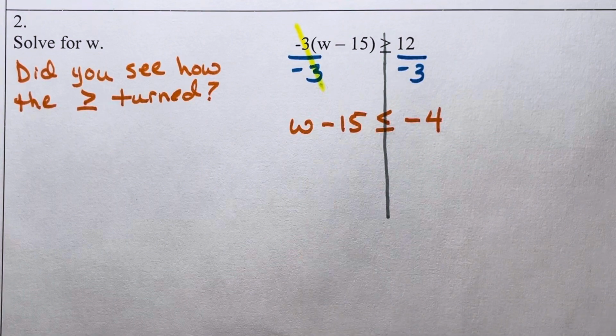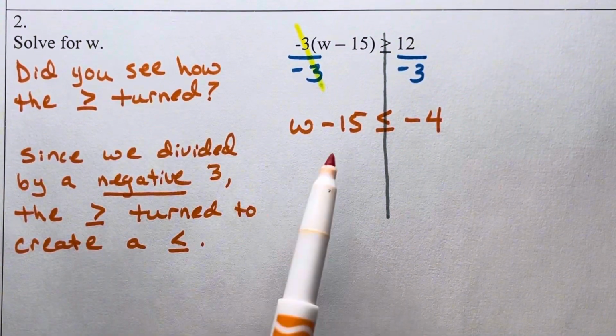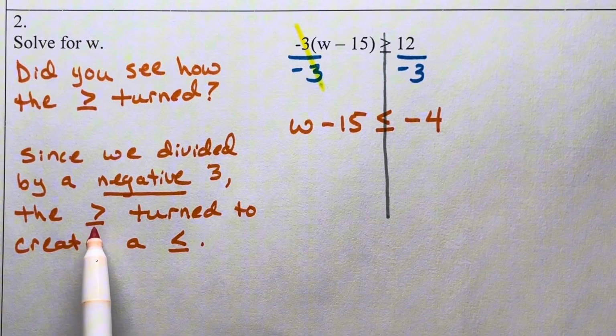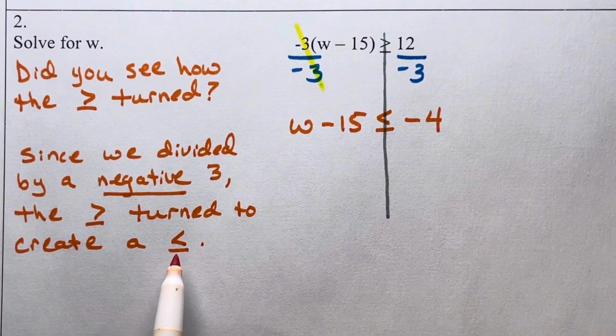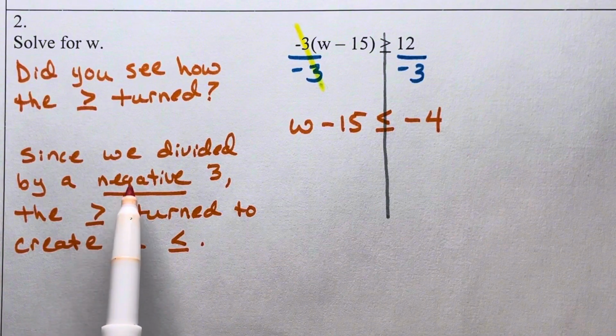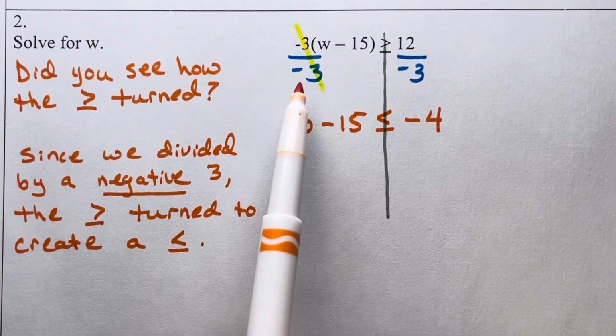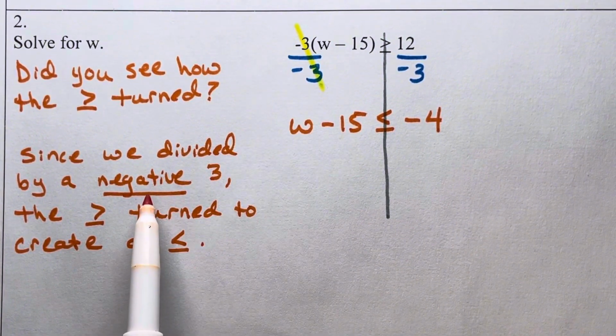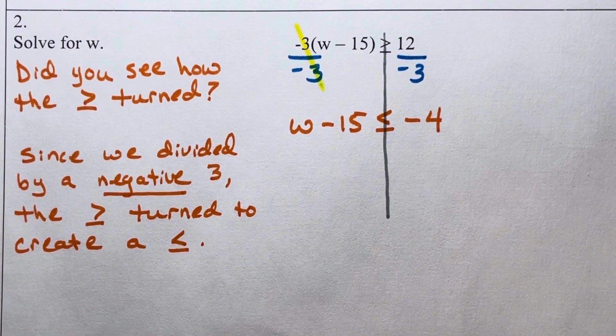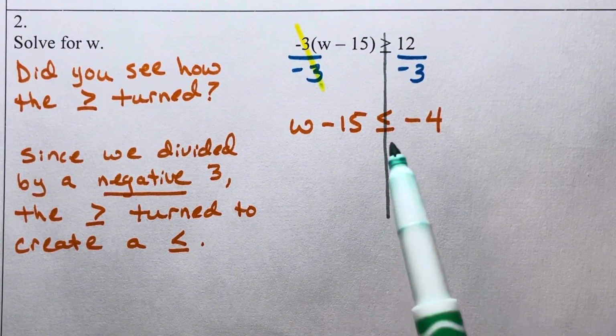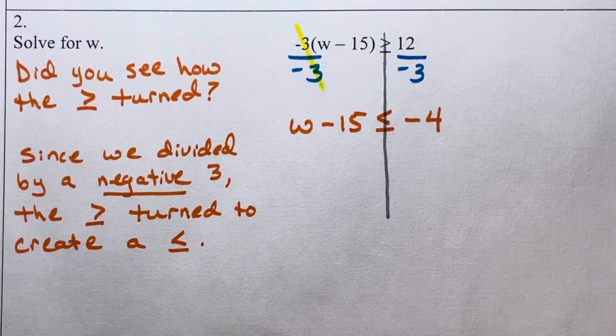So we divided by negative 3. That caused the greater than or equal to symbol to turn and create a less than or equal to symbol. So the dividing itself isn't the issue, it's the dividing by a negative that is the issue. So that is the big difference between solving a regular linear equation versus solving a linear inequality.